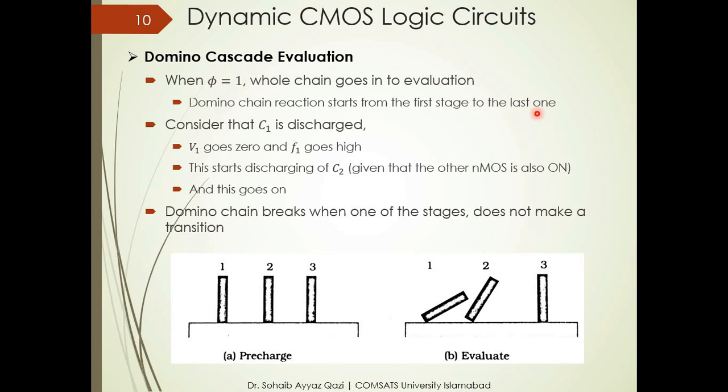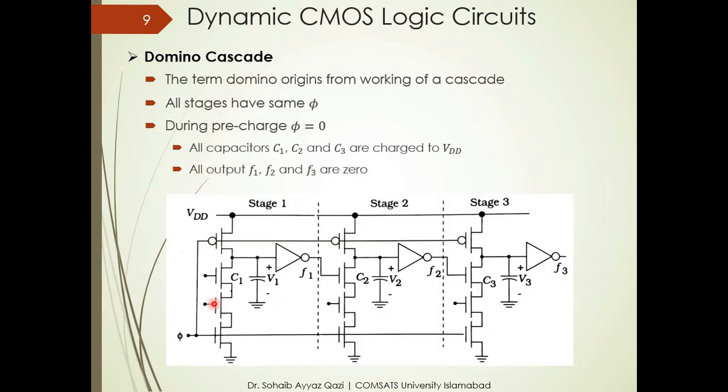It means that at stage 1 here, if this is charged, then depending on this input it will go to 0. If this goes to 0, this point goes to 1. If this goes to 1, this path is clear now, and this can go to 0 as well.